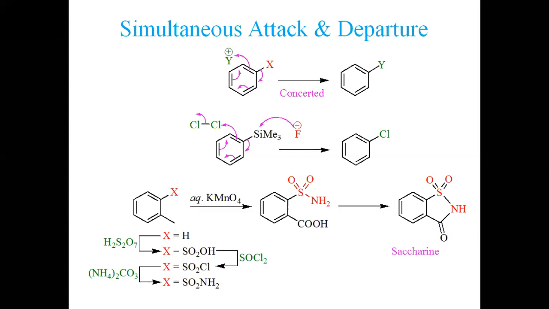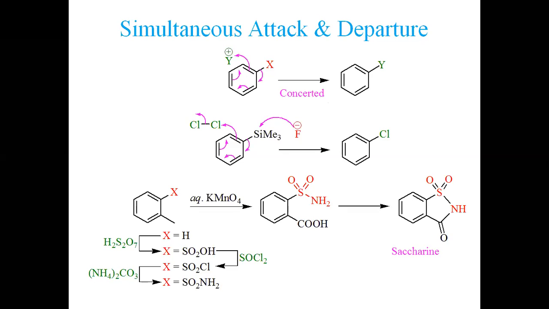The arenium-ion mechanism is also second order, but the difference is, the kinetic data shall be the same for them, but arenium-ion is involving the formation of an intermediate, while this is not involved in the formation of an intermediate. This is involved in the formation of a transition state, in fact, right? This is a difference between arenium-ion and simultaneous attack and departure mechanism.